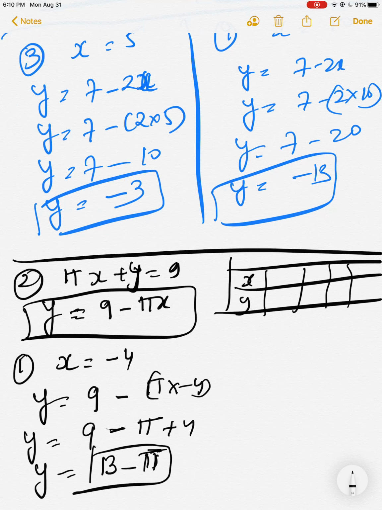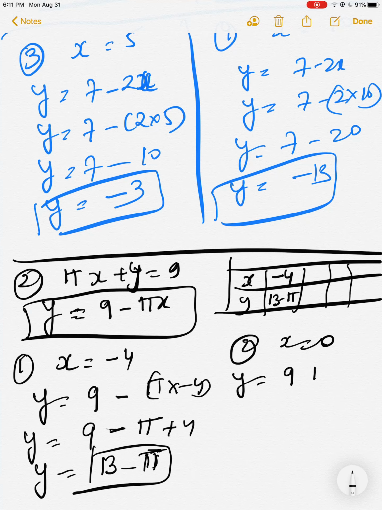You should not add that, because pi is an irrational number. So now what is the x value? -4, and the y value is 9 plus 4 pi. Then let us take second case, x is equal to 0, y is equal to 9.